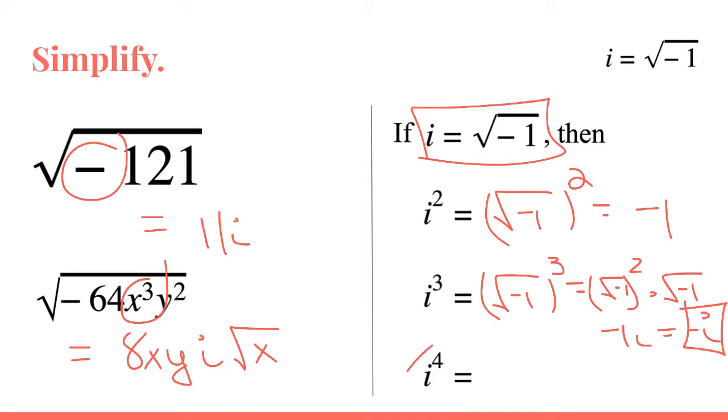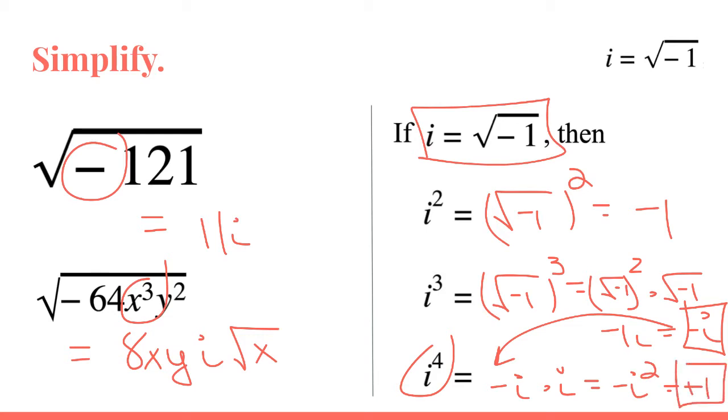Now, i to the fourth power takes that answer, which is negative i, and we multiply by another factor, a fourth factor, and we get negative i squared, which actually is positive 1. So we don't get negative 1. In that case, we get positive 1.